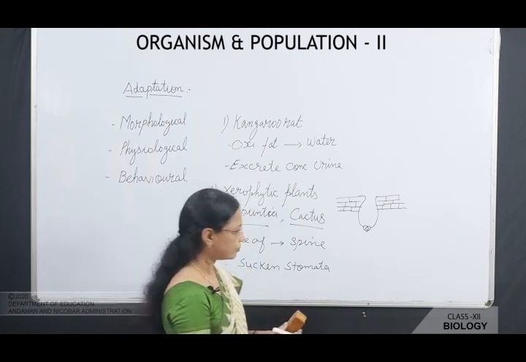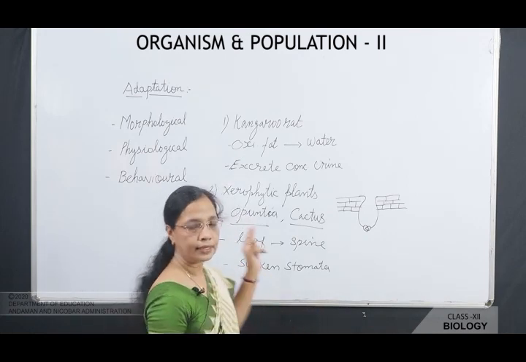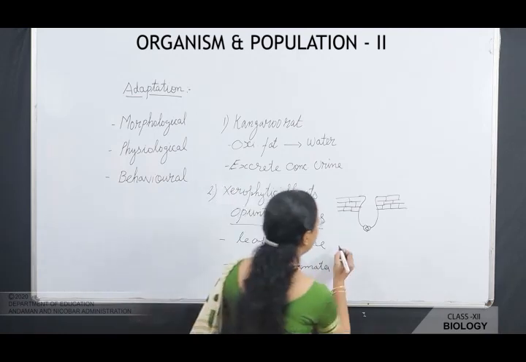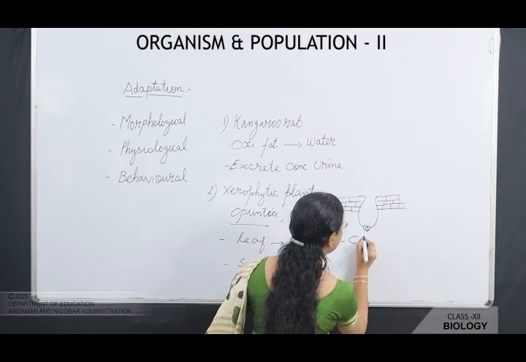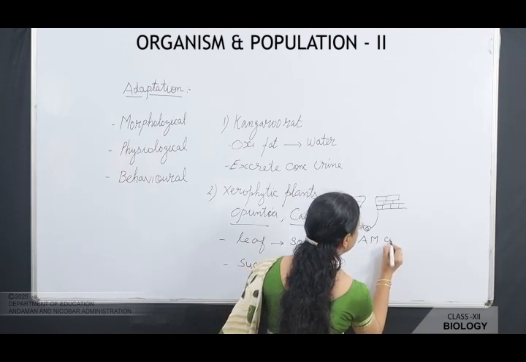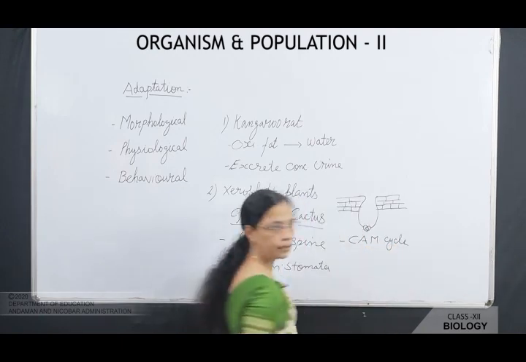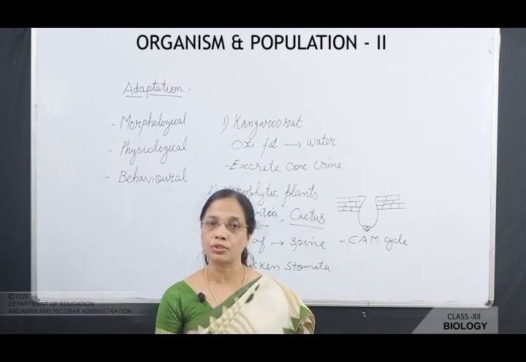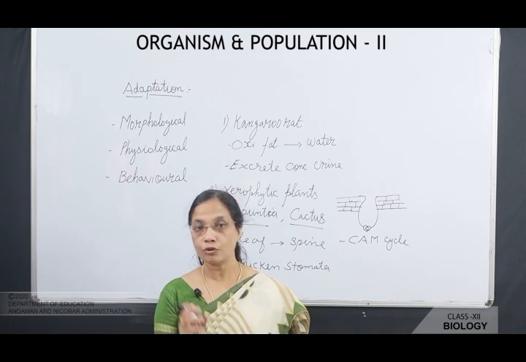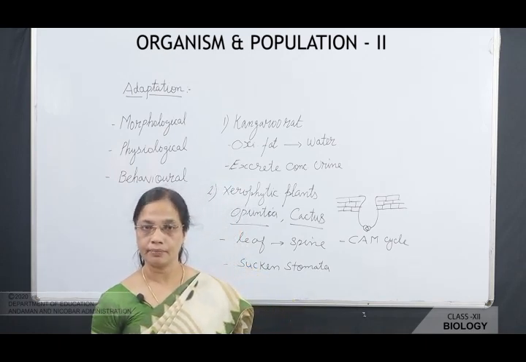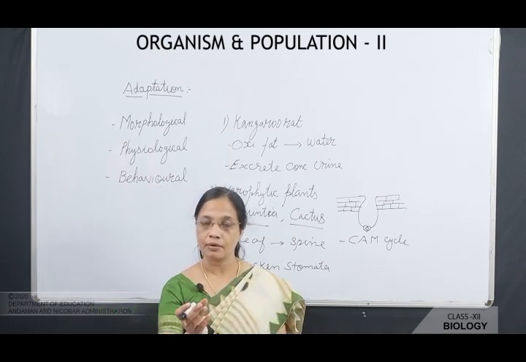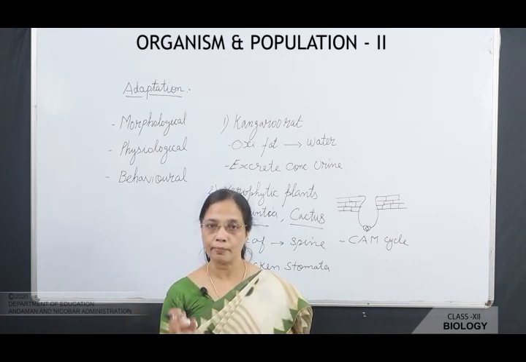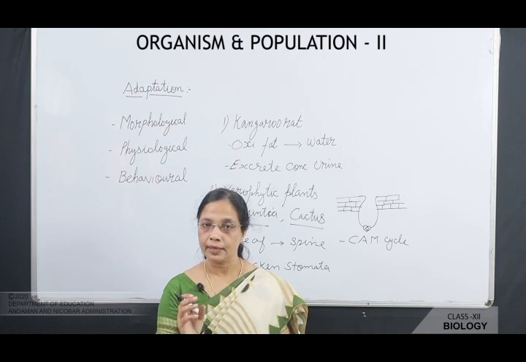Now again, this plant undergoes a different pathway of photosynthesis. That pathway is known as CAM cycle. In CAM cycle, the stomata remain closed during the daytime and open in the night time. So by this change in the opening and closing of stomata, what happens?